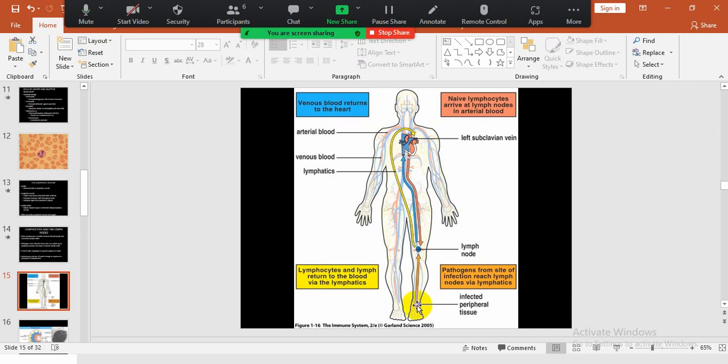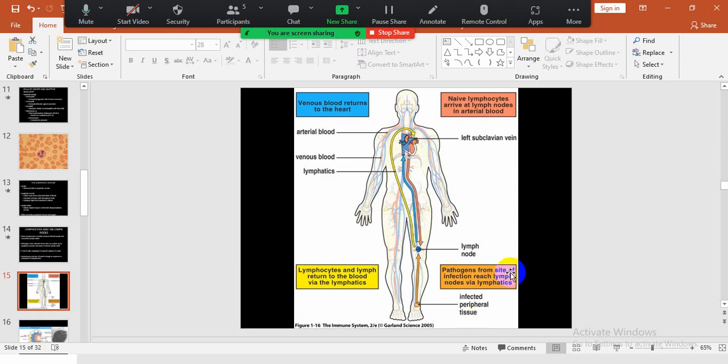The infection or the disease-causing organisms will move, and when they get to the lymph node, the lymph node has B cells and T cells which fight against the infection. So lymphocytes and lymph return to the blood via the lymph. So the lymph node contains what? Lymphocytes. When they finish fighting the infection at the knee, then they will return to what? The heart. So this is the explanation.